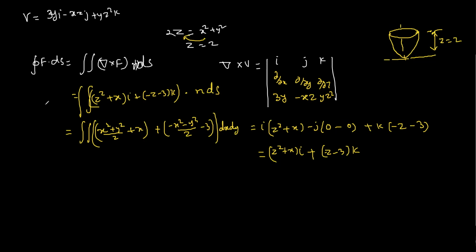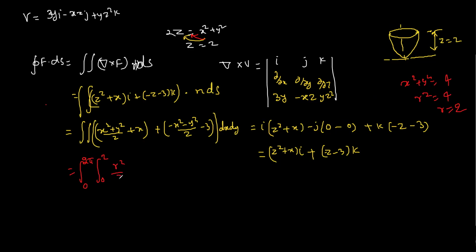Okay. Now you can see when you put z equal to 2, you will get x square plus y square equal to 4, since 2 into 2 is 4. Always try to do it in polar form. So the polar limits will be r from 0 to 2 and theta from 0 to 2 pi.